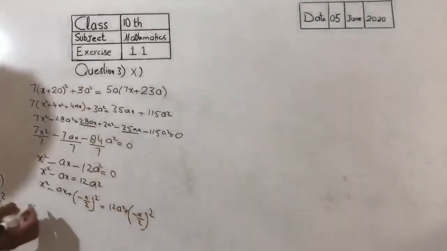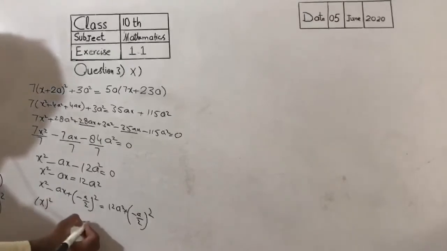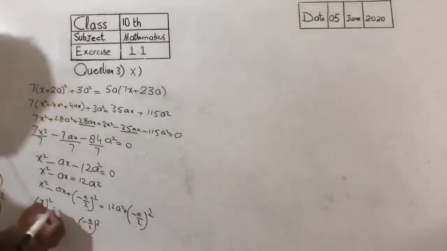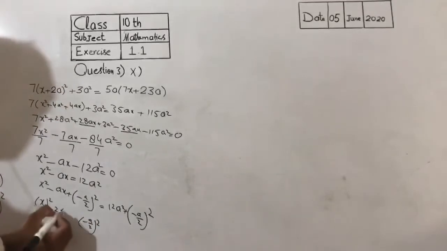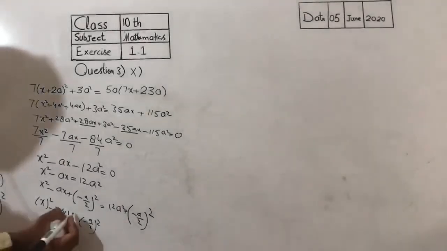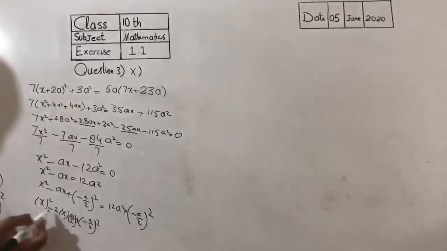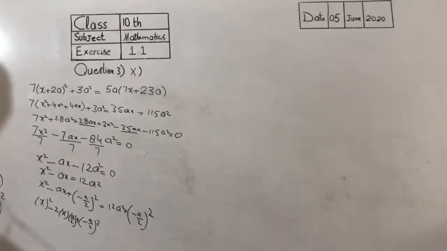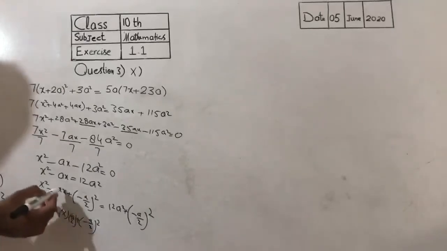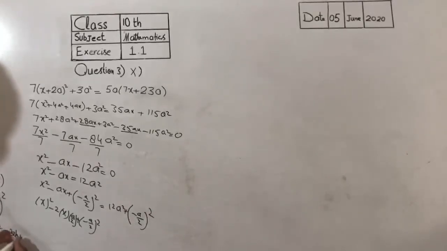Now here it is the complete square of x and of minus a over 2, and here we write minus 2 times a over 2 times x. The 2 cancels out 2 and remaining will be minus ax, and this is in the form of a square minus 2ab plus b square.